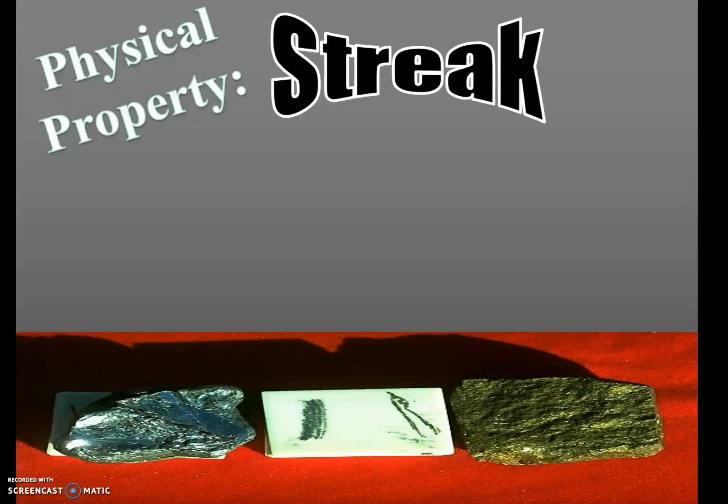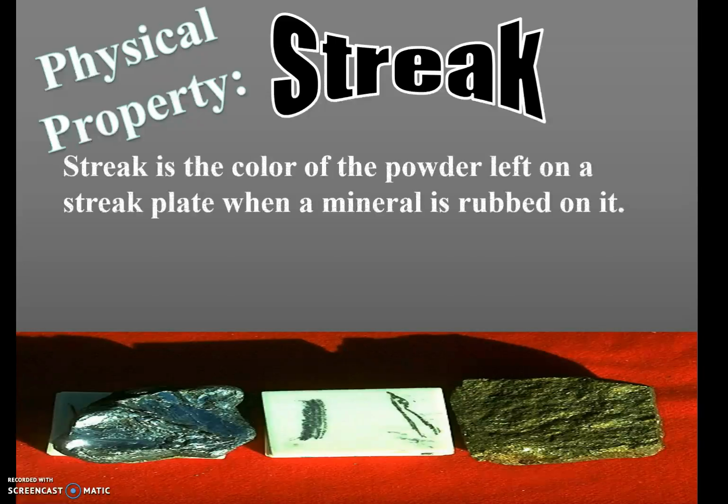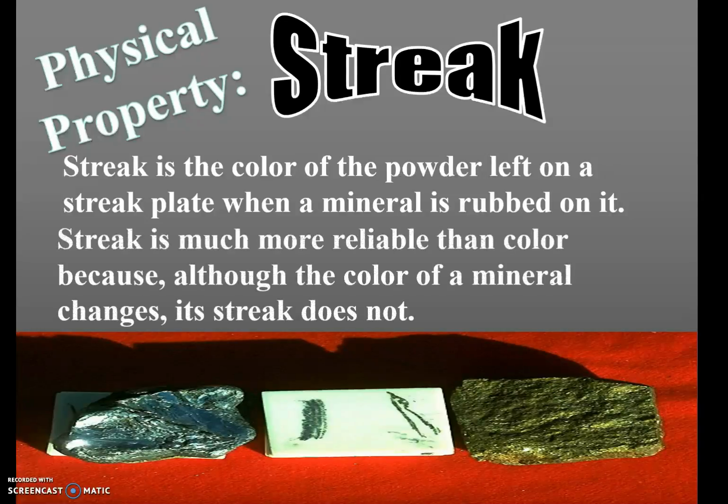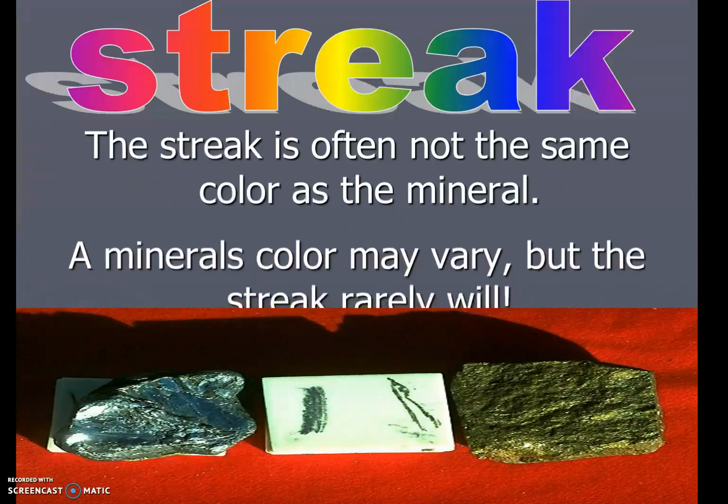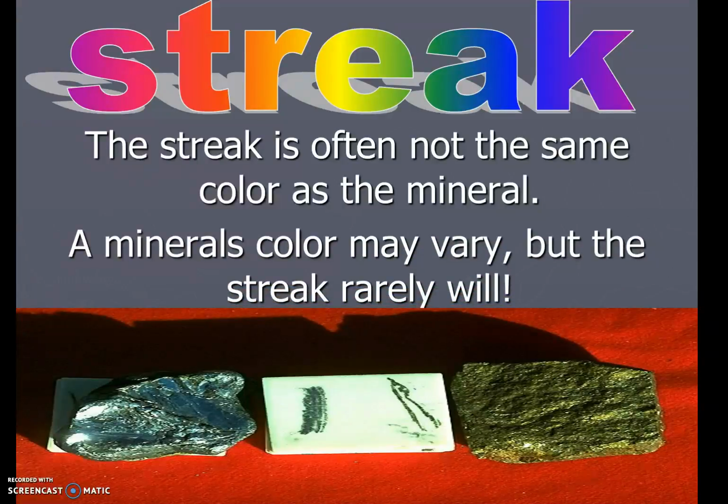Our next property is streak. Streak is the color of the powder left behind on a streak plate, which is usually a hard white piece of tile, when a mineral is rubbed on it. Streak is more reliable because even though the color of a mineral may change, the streak will not change. An interesting thing is the streak is often not the same color as the mineral.